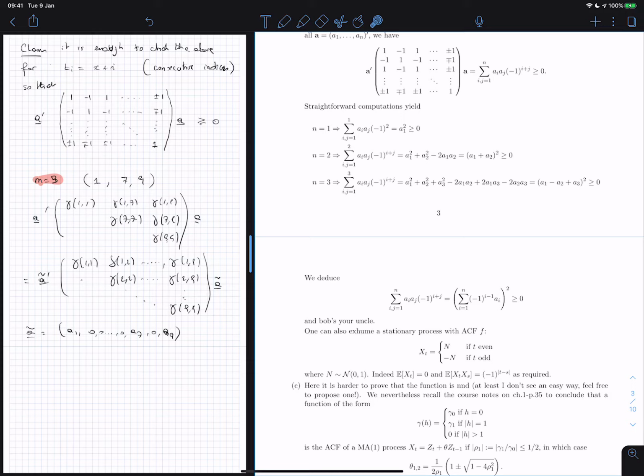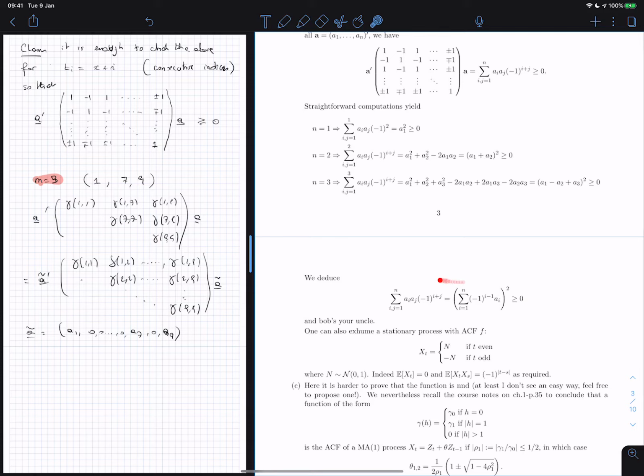Why do you put a square? How do we come from the sum of a_i, minus 1 exponent i plus j, to the square? So my argument is it's true for 1, 2, and 3, so it's true in general.